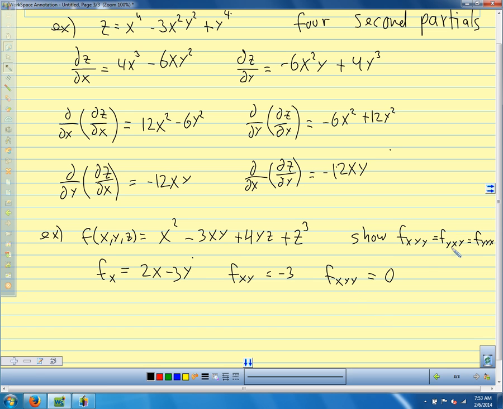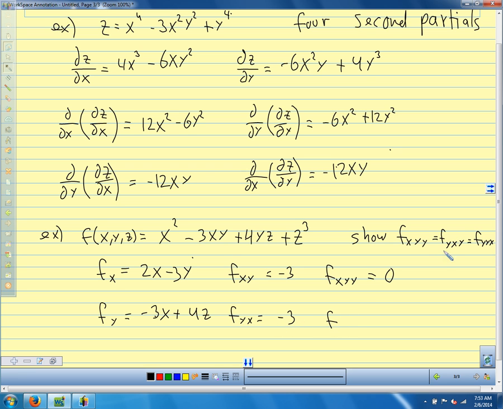Now let's do our partial with respect to y here. So starting on the second one, partial with respect to y is minus 3x plus 4z. Take the partial of that with respect to x, f sub yx is minus 3.